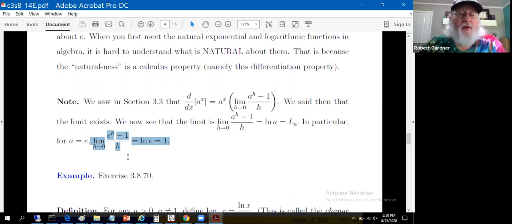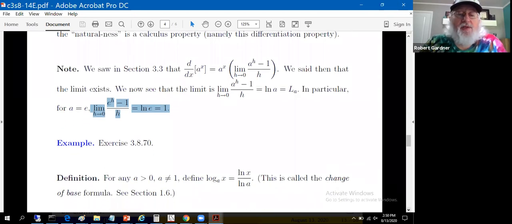You won't be evaluating this limit by factor cancel substitute. We've got it some weird indirect way based on the definition of the derivative of an exponential function. Natural exponential function at that. So let's illustrate the fact that we now know how to differentiate exponentials to a base other than e.